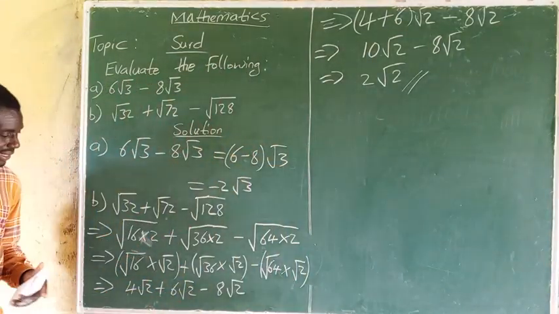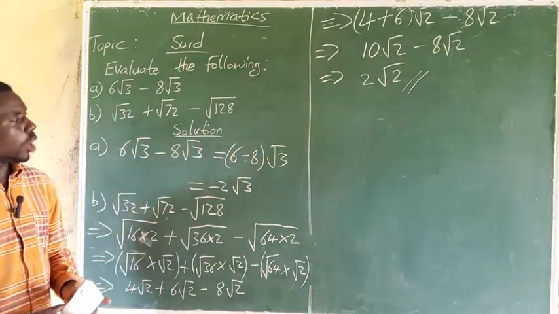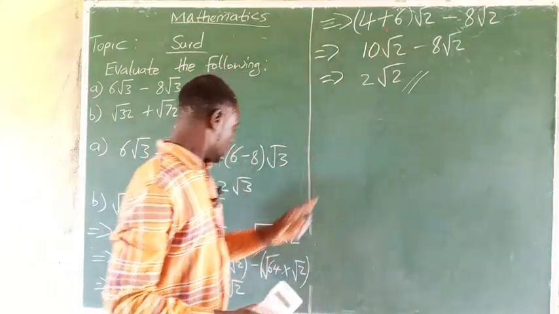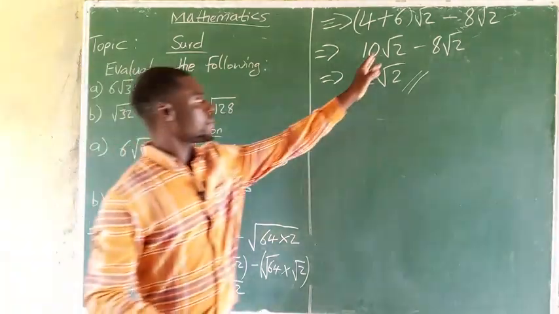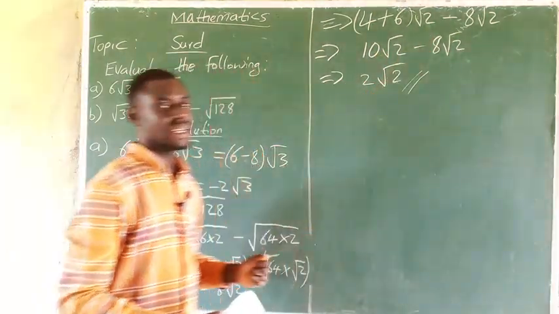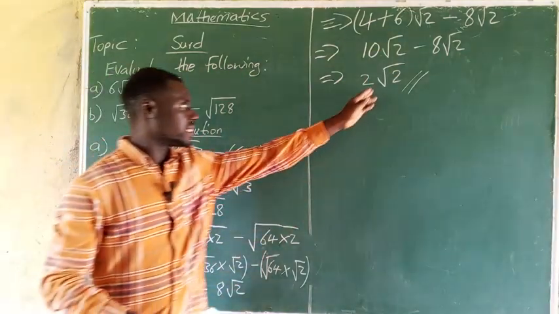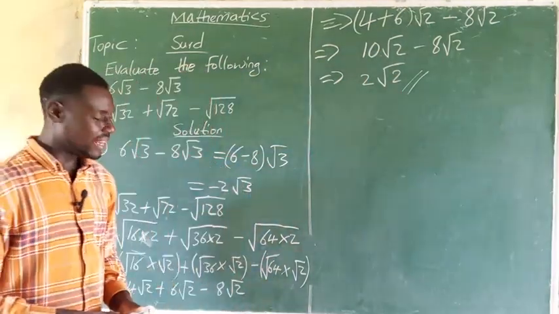So this is the pattern you use to solve your roots. Observe, since addition comes before subtraction, I added these to give 10 root 2, and I then subtracted 8 root 2, and I get 2 root 2 as my final answer.